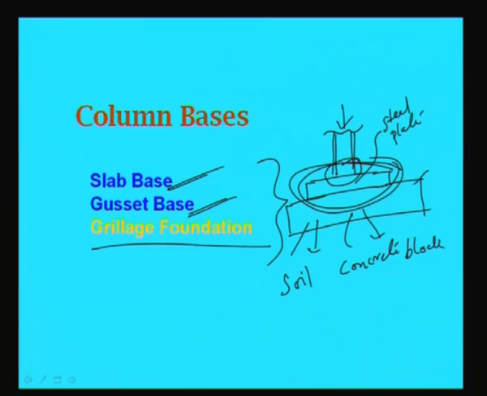Then what should be the dimension of the concrete block, which should be able to carry the load coming from the steel plate? The dimension has to be decided on the basis of the soil bearing pressure. So the length and width of the concrete block in plan have to be decided from the bearing pressure of the soil.